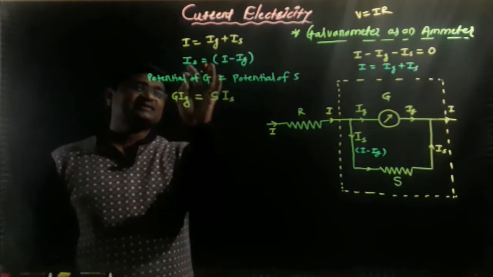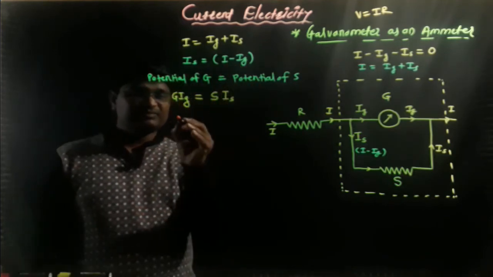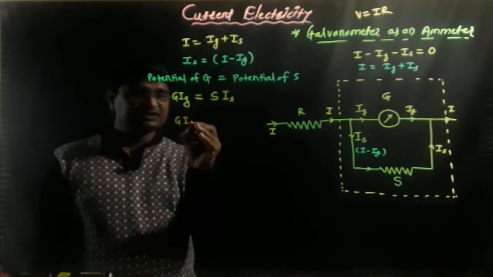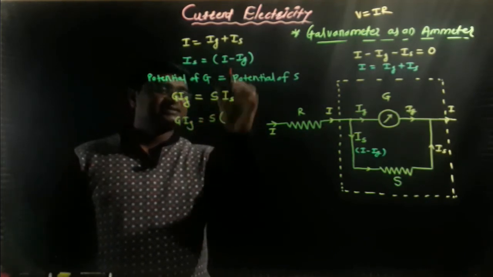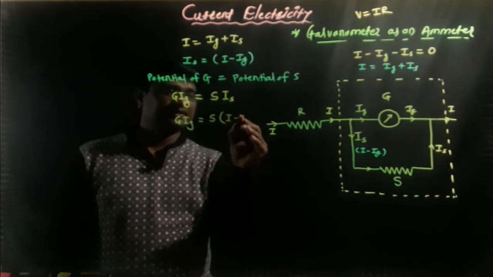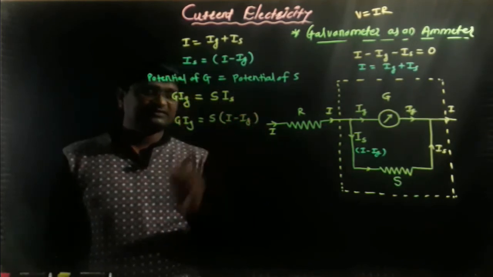But we know that Is is equal to I minus Ig. So G Ig is equal to S, which stays the same, times Is, and we can write Is as I minus Ig. So what is the value of S?